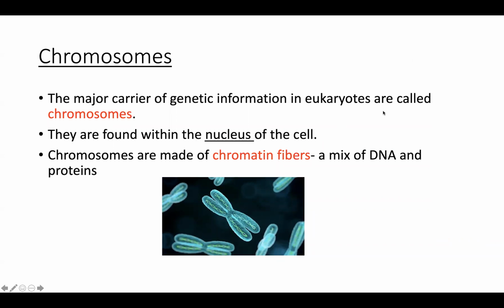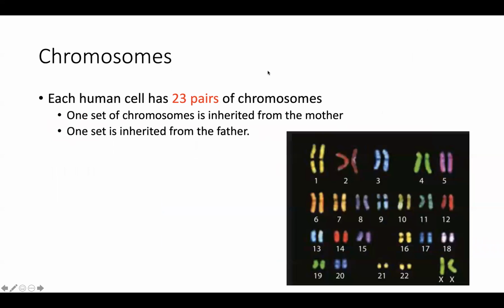So anyway, we have chromosomes in our bodies. Humans, write this down if you don't remember it, have 23 pairs of chromosomes. Normal humans have 23 pairs of chromosomes. Each human cell, these are our somatic cells, has 23 pairs of chromosomes.